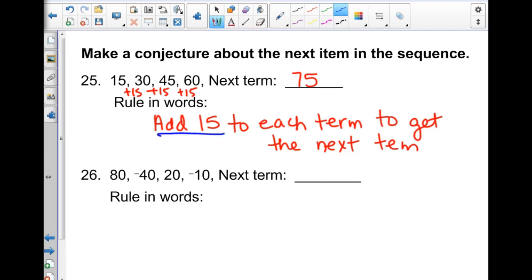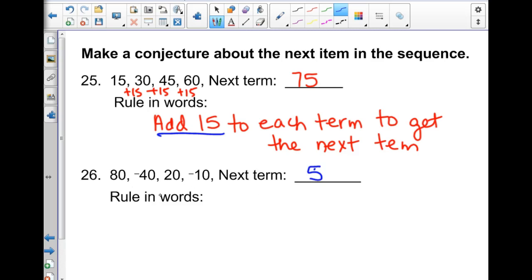That's basically what it is, right? You're adding 15. Now the next sequence: 80, negative 40, positive 20, negative 10. What's the next one? Negative or positive? Okay, in case somebody wasn't seeing it, that's why I said that.